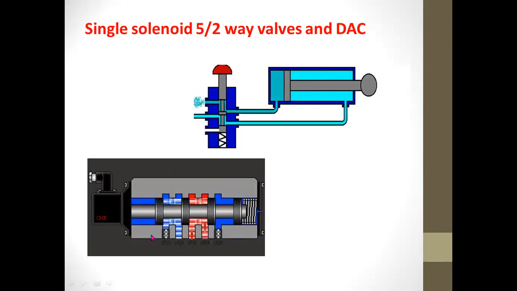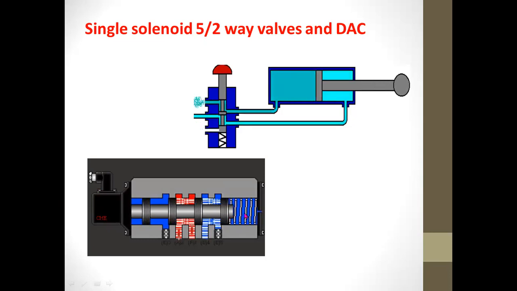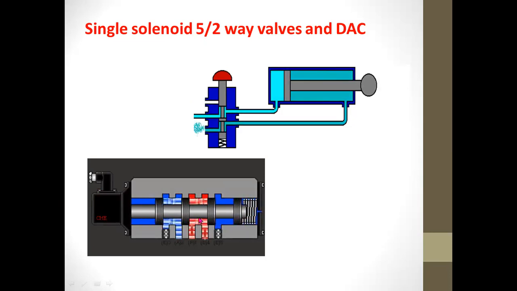But when you turn off the supply, just like in the 3-2-way solenoid valve, the spring pushes the plunger to its original position, thereby allowing the air to flow in the reverse direction.